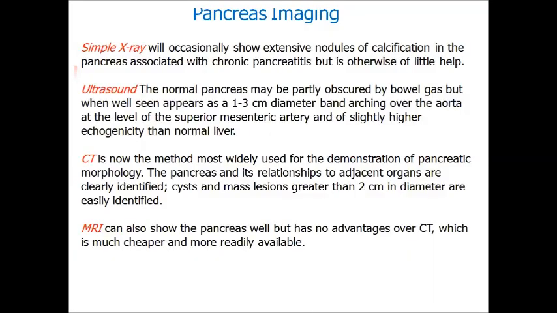Pancreas imaging. Three most important modalities. Simple X-ray, you may read about it on this picture, but it's of no value. Ultrasound, CT, and MRI. Each of them, and most of all a combination of them, will present you a very clear picture of pancreas.